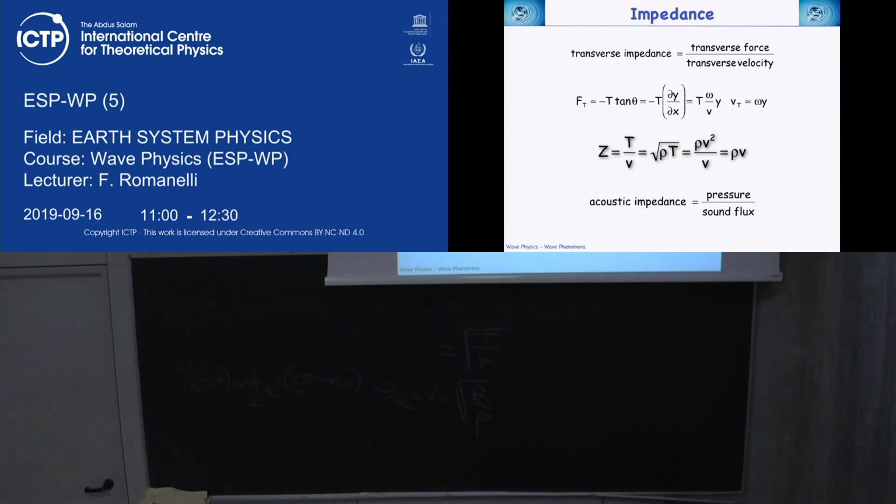If you want to see another, more common example, we can look at what is called acoustic impedance. If you compute it, it is defined as pressure, that is the force acting to create a sound wave, and the result, the flux. If you take that ratio, you're going to obtain exactly the same quantity.